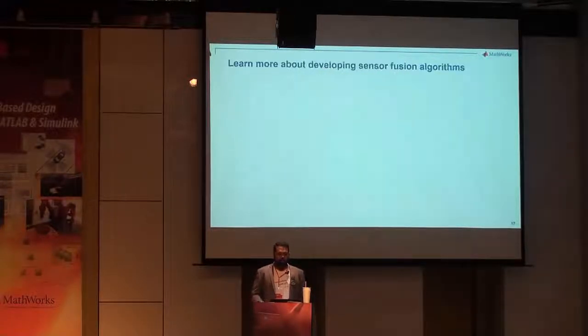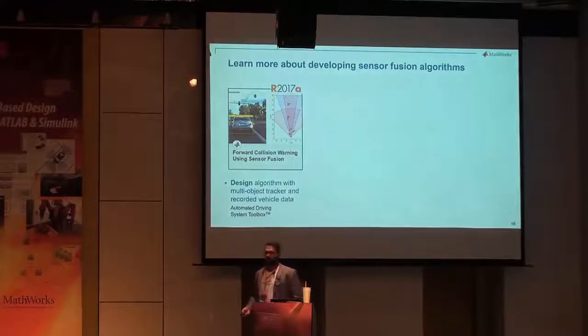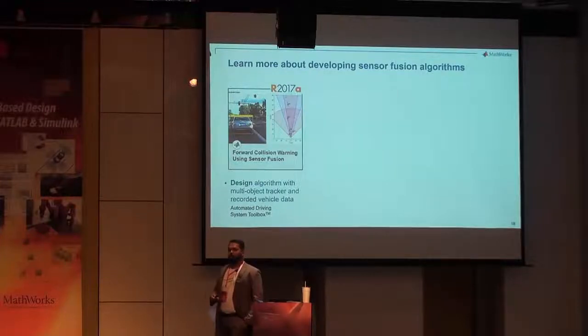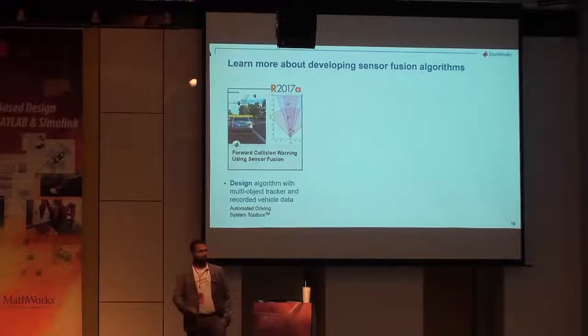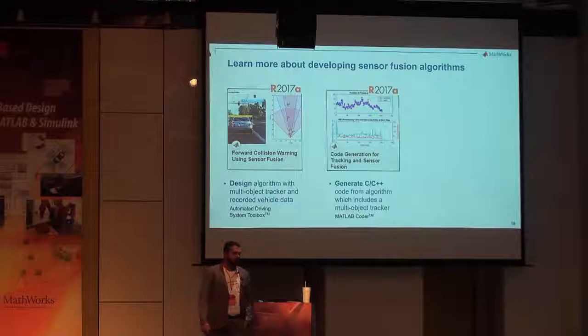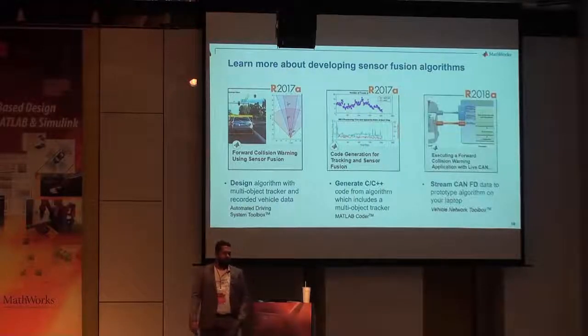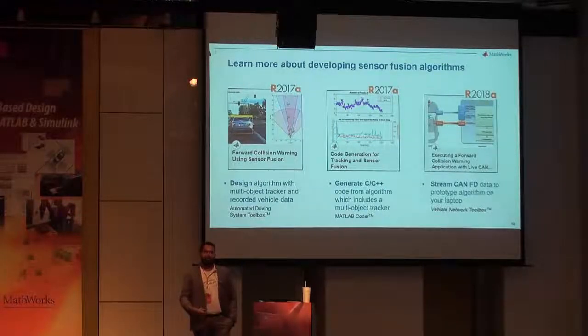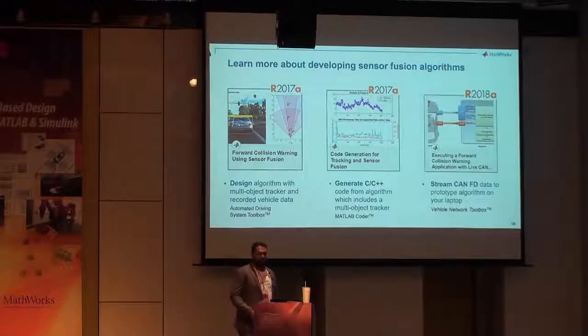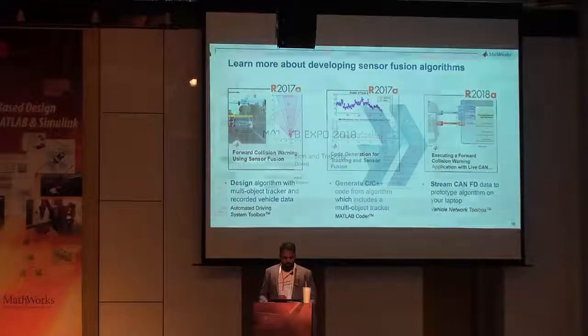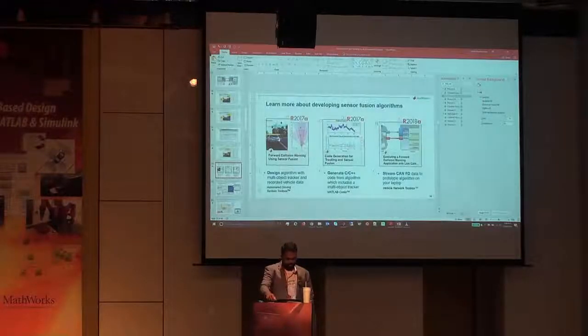But before I do that, I just want to point out where you can find more information. I'm going to open up this example from our documentation, which goes into some more details of how you design the sensor fusion algorithm. Then there are also other ones that talk about code generation and actually applying the algorithm in a simulation environment.